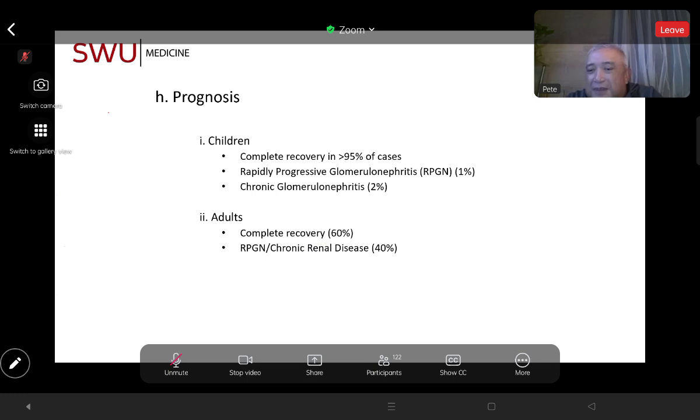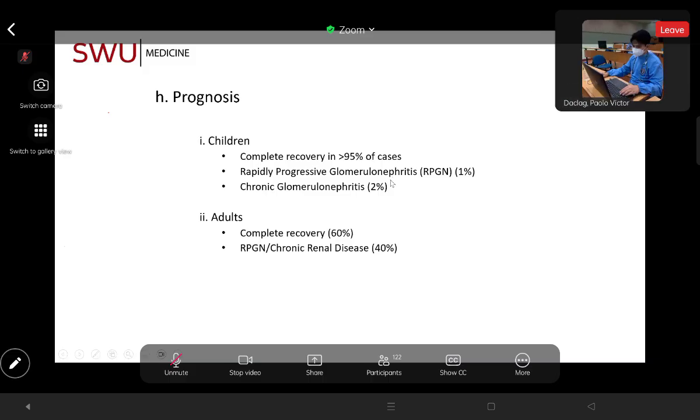Do you follow me? Number five is the prognosis. For children without treatment, it is 95% complete recovery. For adults, it's only 60%. That's why you have to be aggressive if this develops in adults. Do you follow me? So this is the highlight of your post-streptococcal or acute glomerulonephritis. Are we okay? Yes, Doc. Can I move on? Yes, Doc.